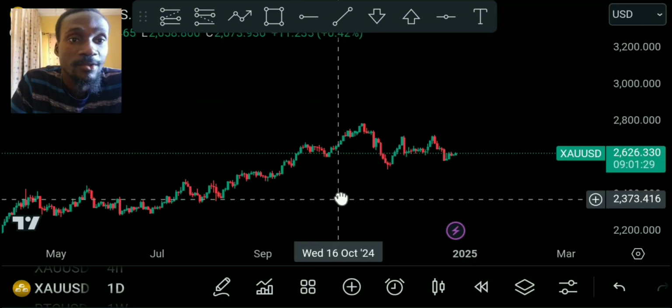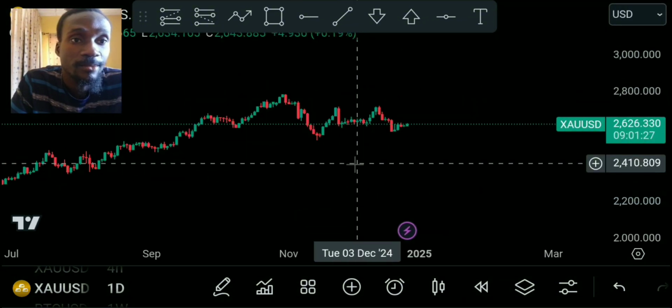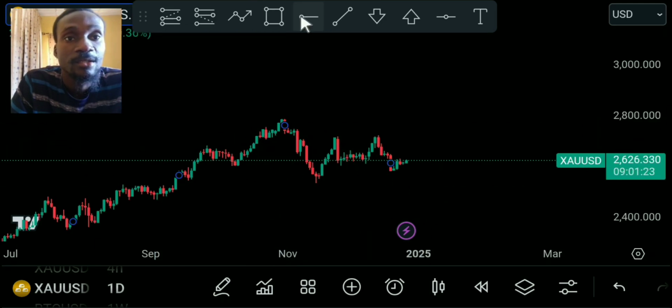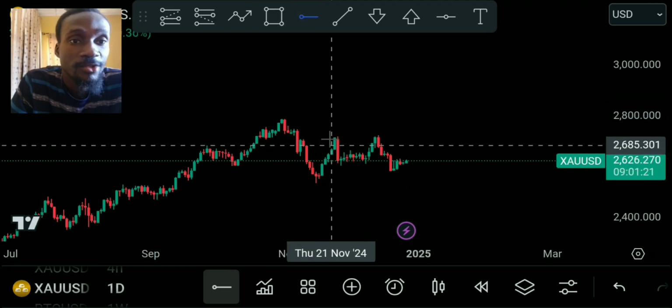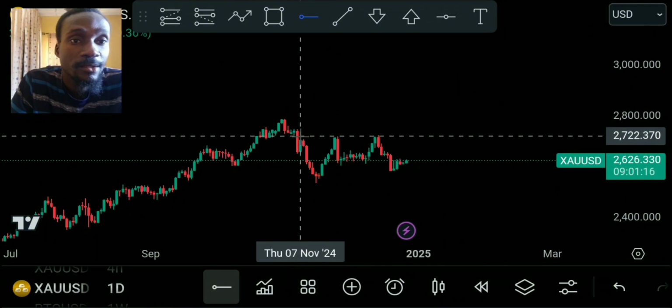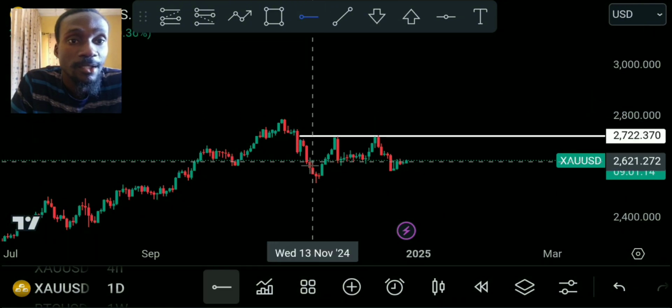Now our lower time frame is also what? Is also an uptrend. But if you observe, the market currently has been trading within this range. You can see the market has been trading between here and here.